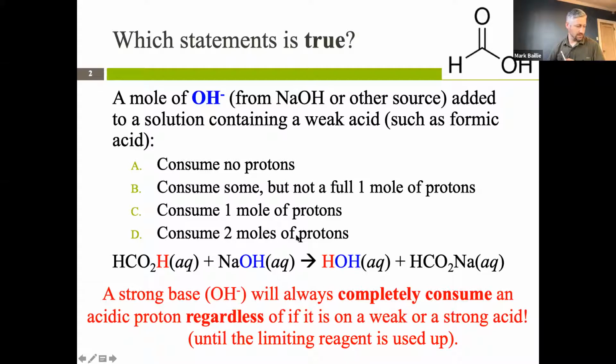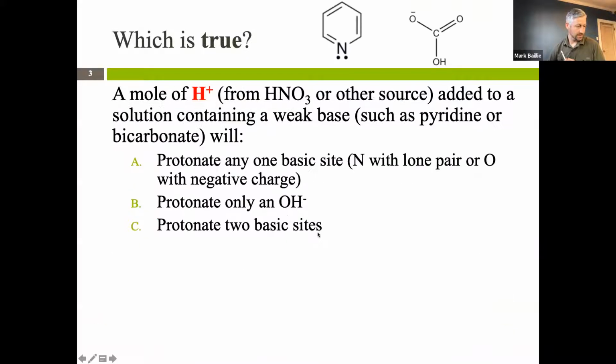So our next question is, if we're adding a strong acid, HNO3 or something like that, that completely dissociates, right, our definition of a strong acid, and we add that to a solution of a weak base, we have two of them shown at the top of the image. I'm sharing my screen, right? Yes.